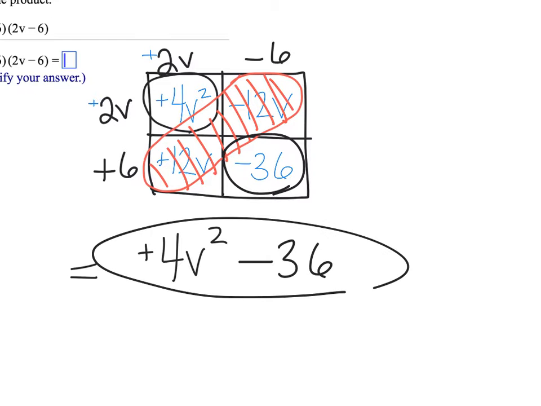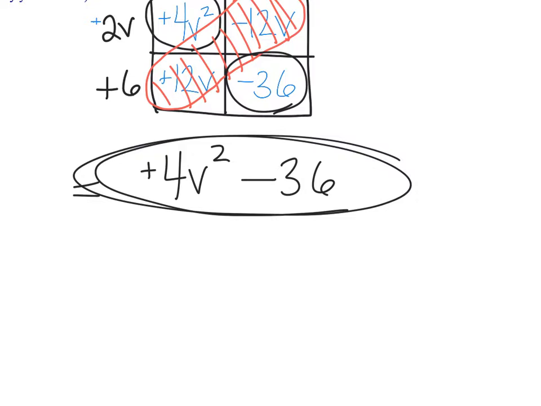Now, this is another example of a difference of squares, because 4v squared is 2v times 2v, and 36 you could think of as 6 times 6. So there's our difference of squares. Just a little bit of trivia. Right here is our answer.